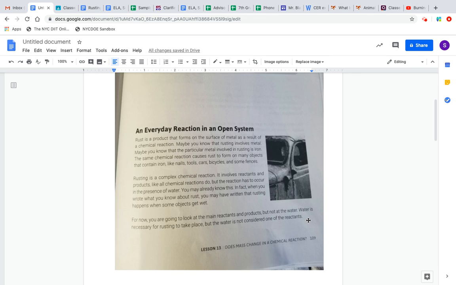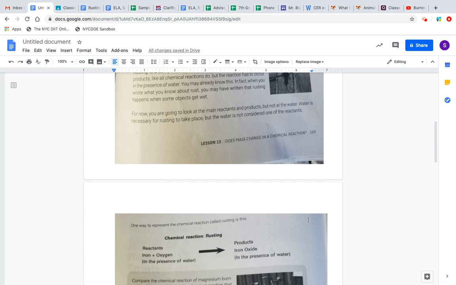You may already know this. In fact, when you wrote what you know about rust, you may have written that rusting happens when some objects get wet. For now, you are going to look at the main reactants and products, but not at the water. Water is necessary for rusting to take place, but the water is not considered one of the reactants. Let me repeat that. Water is definitely necessary for rusting to take place, but the water is not considered one of the reactants.